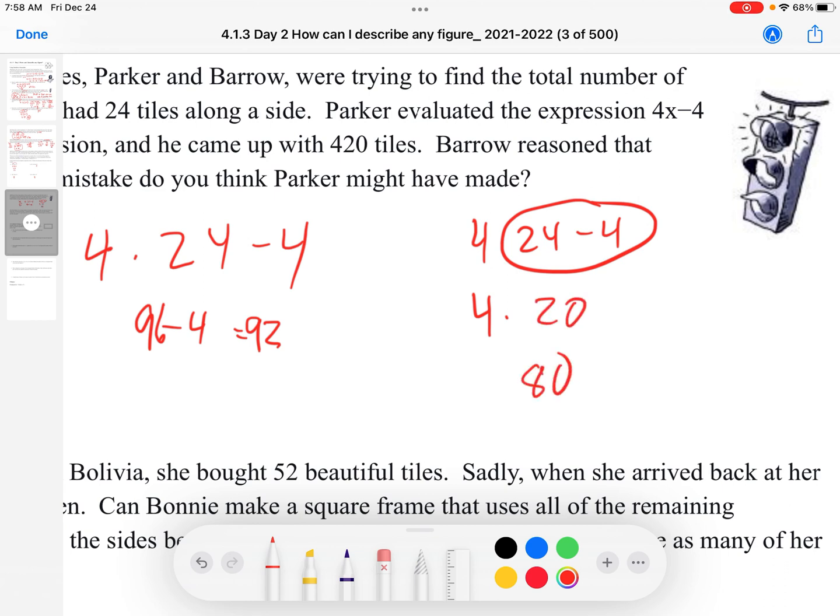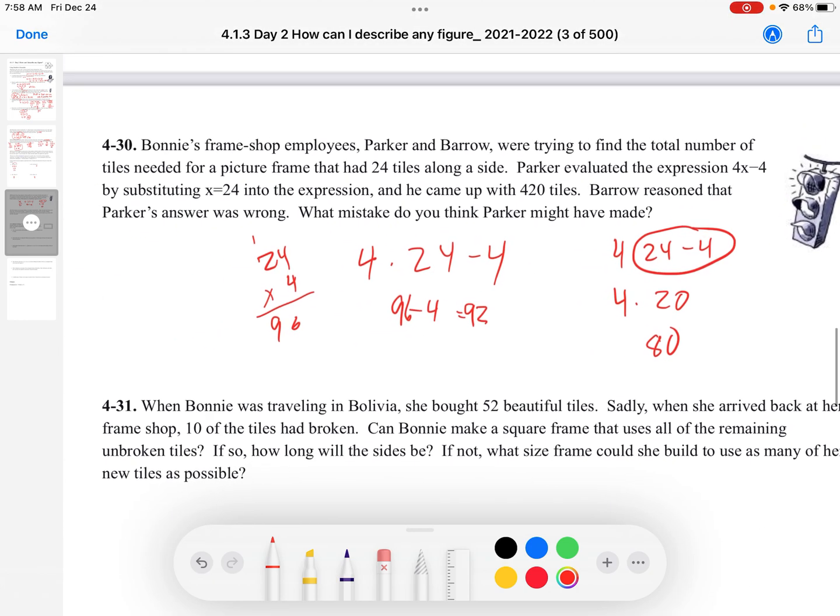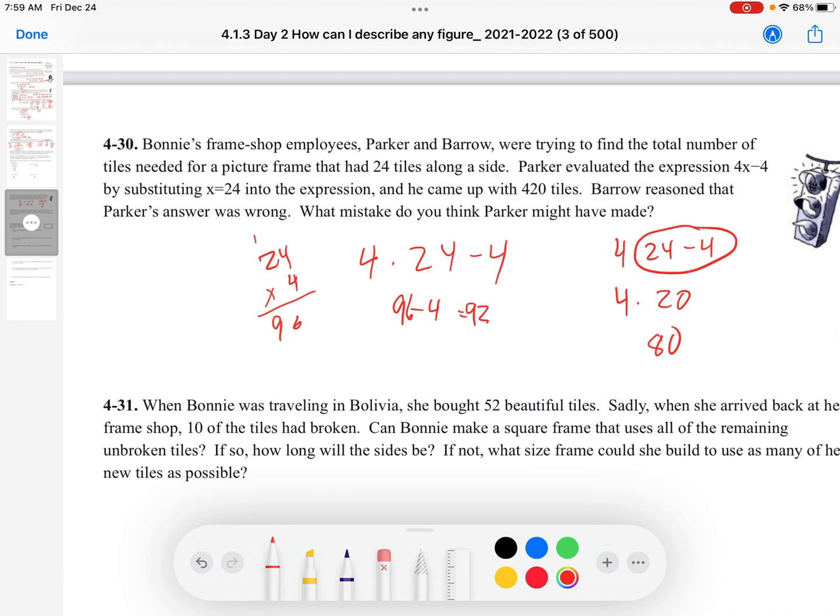No, 80. That doesn't work, right? Actually, I'm not 100% sure why he got 420. That is a really odd number. I'm not sure. It's not right, though, is it?